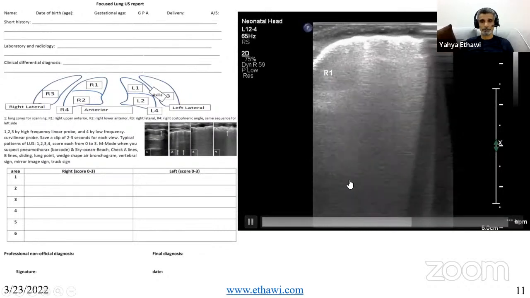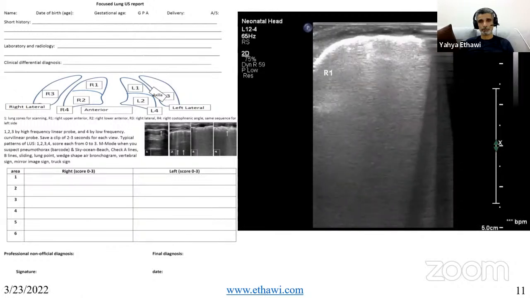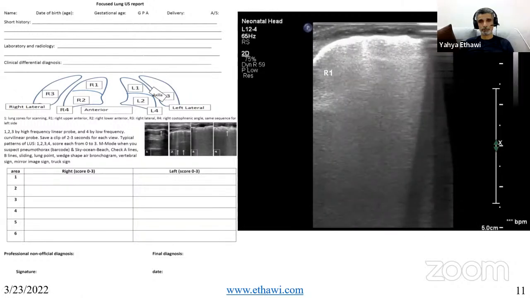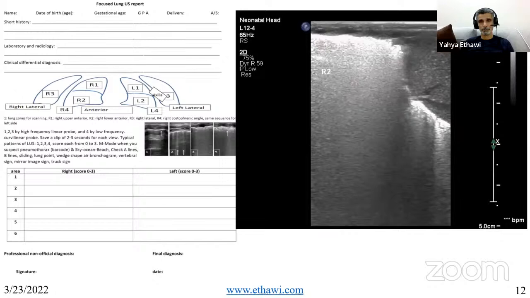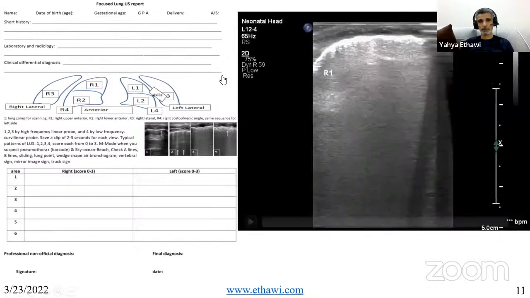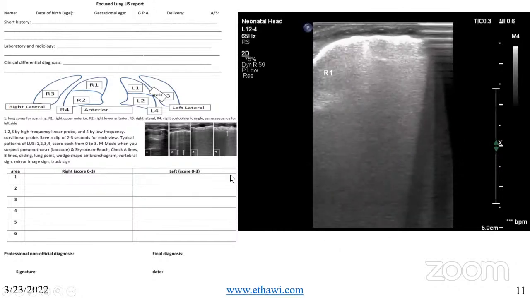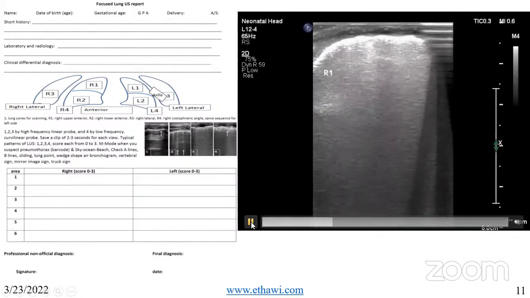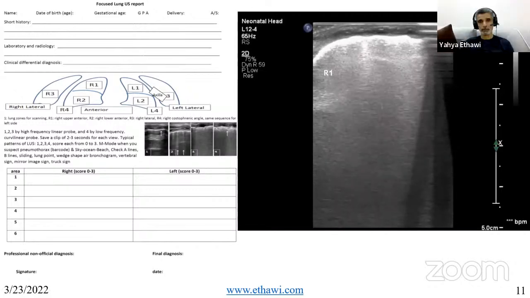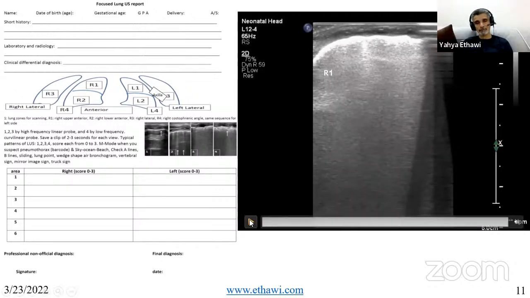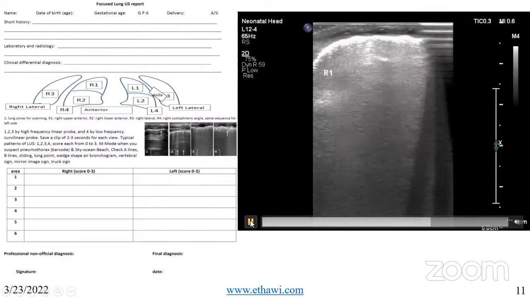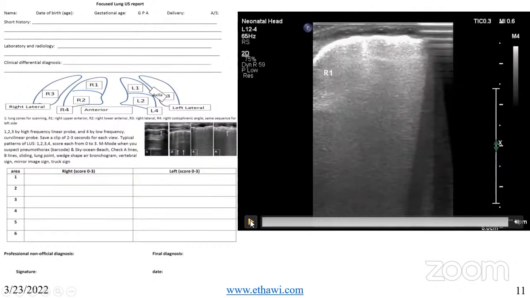R1. I can comment. Yes, please. So we can see here a thickened pleura. Yes. We have a B line. It's more of a B profile, but there is an A line.